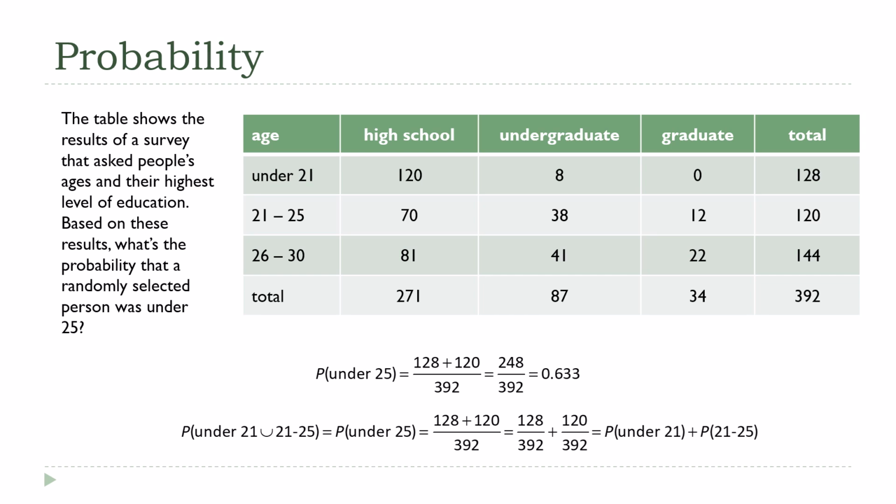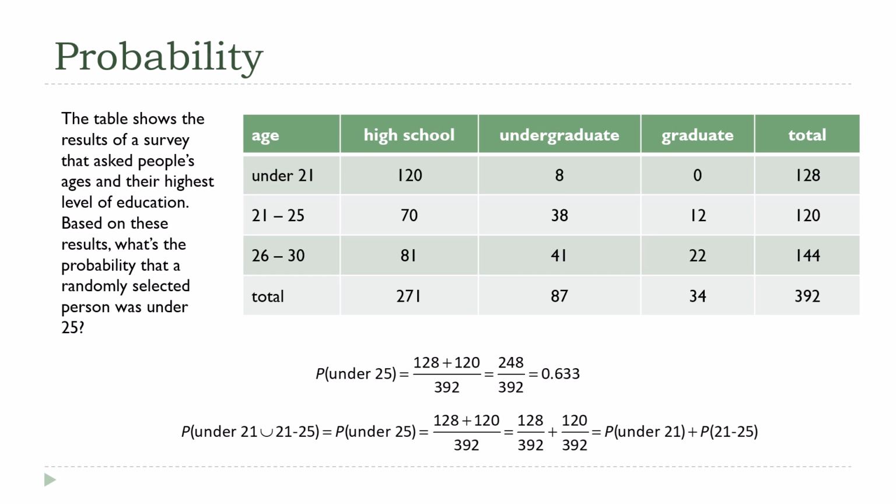Now what I'm going to do is split that fraction apart. I'm going to make it 128 over 392 plus 120 over 392. And now if you look at these closely and compare them to the numbers in the table, you'll see that 128 over 392 is the probability of randomly selecting someone who is under 21, and 120 over 392 is the probability of randomly selecting someone between 21 and 25.